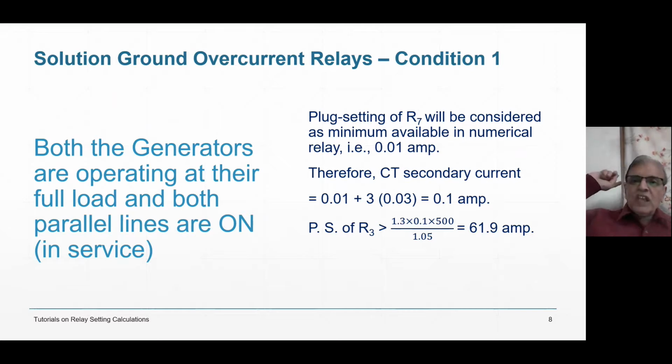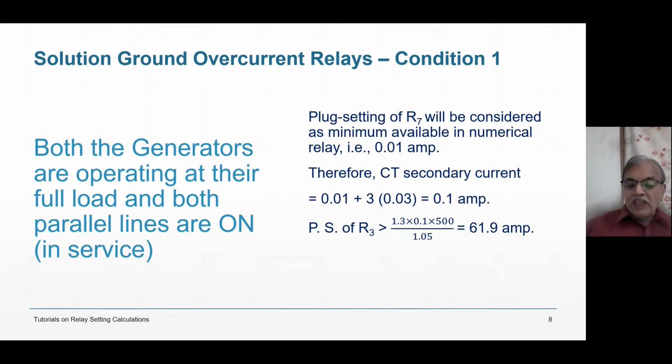There you have to consider 10%, that is 0.1, or 5%. Here 0.01, 1% is available. But CT secondary current is not 0.01 because excitation current of 3 CTs is there, so it is 0.1. Therefore, plug setting of R7 in primary terms is 50 amperes, 0.1, 10% of 500 ampere.